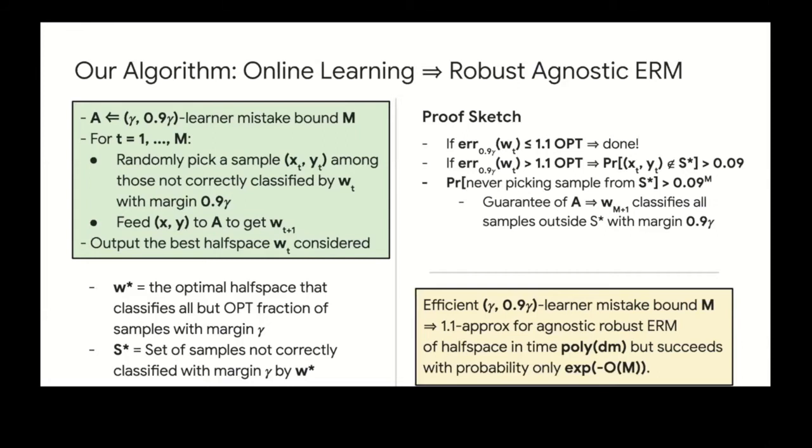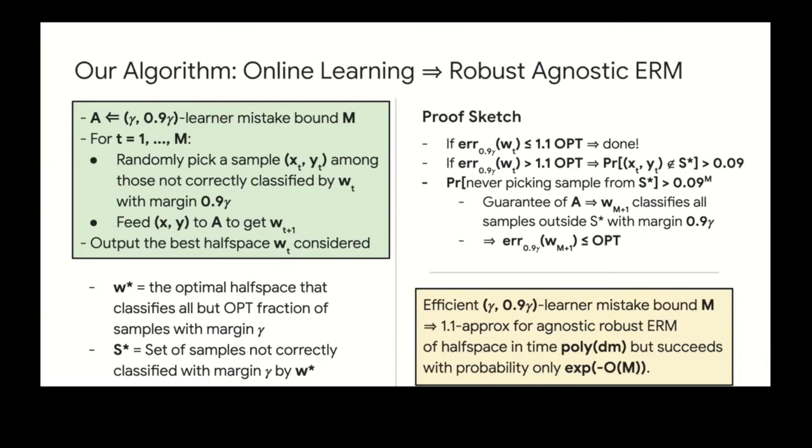Now, when we don't pick anything from S star, then since A already misclassifies M points, and all the points that we feed in are actually correctly classified by W star with margin gamma, the guarantee of A actually implies that the Wm plus 1 will correctly classify everything that W star also correctly classifies with margin gamma.